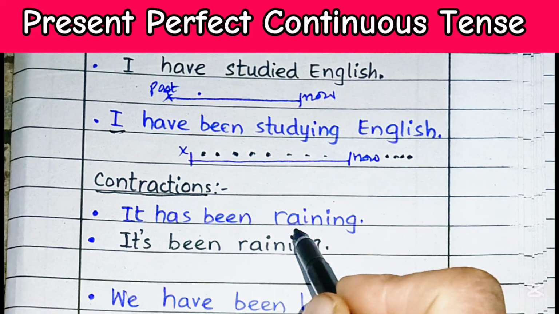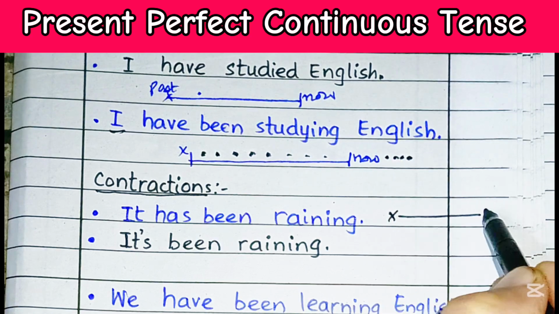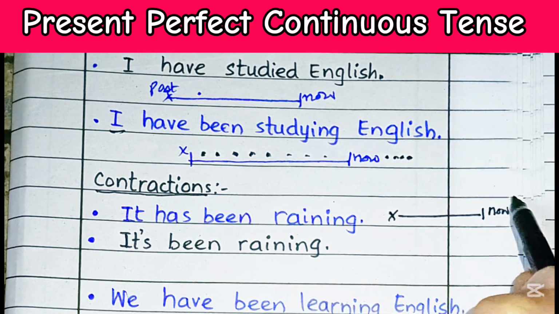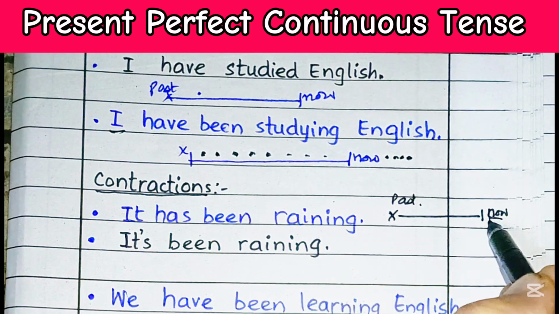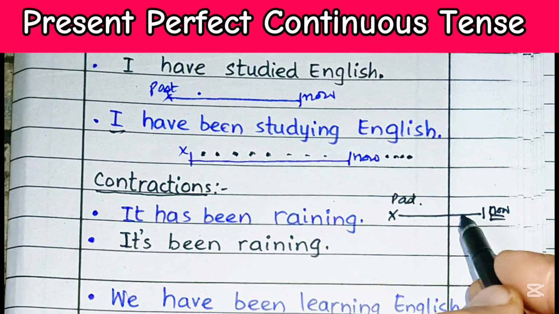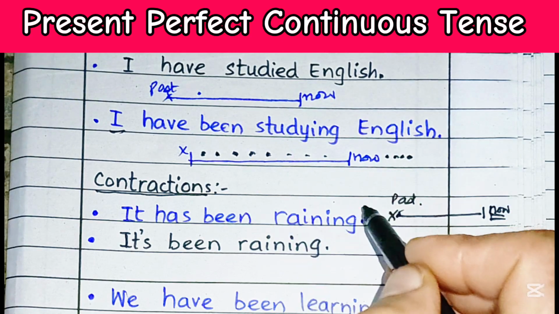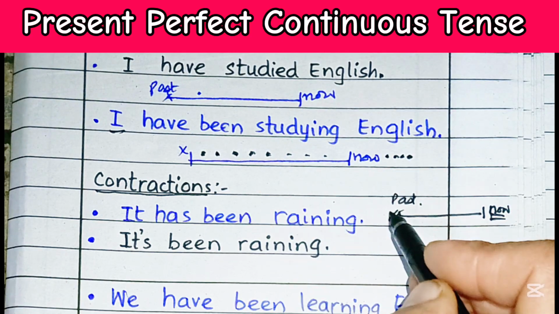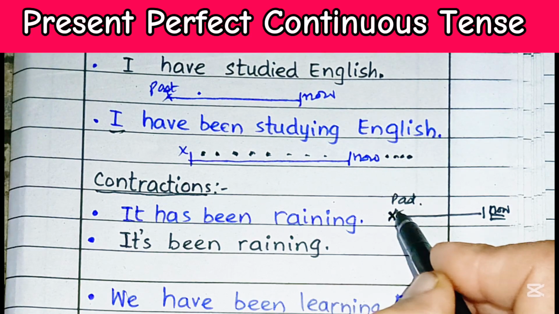It has been raining. As I mentioned earlier, this is something past and this is now. This is sometime in the past, a point in time when the rain started.